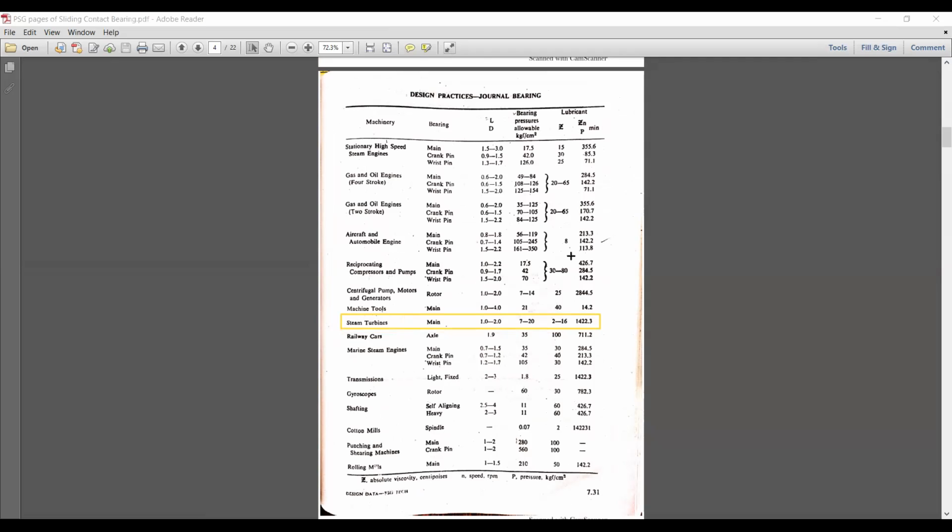The value of Z ranges between 2 to 16. We have selected 10, so the value of absolute viscosity is 10 centipoise.